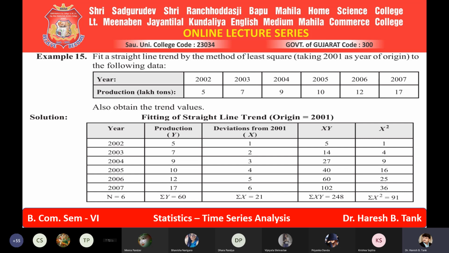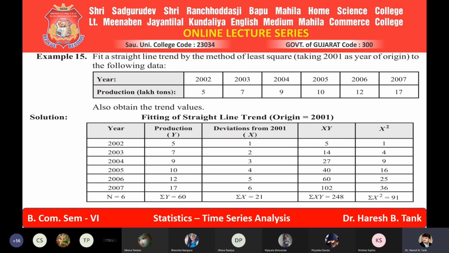Whatever is the origin, that is to be deducted from the year given to you. In this case, it was specifically given that you have to take a deviation from 2001. So 2002 minus 2001 comes to 1. So make another column as deviation from 2001, and that becomes our new variable x.